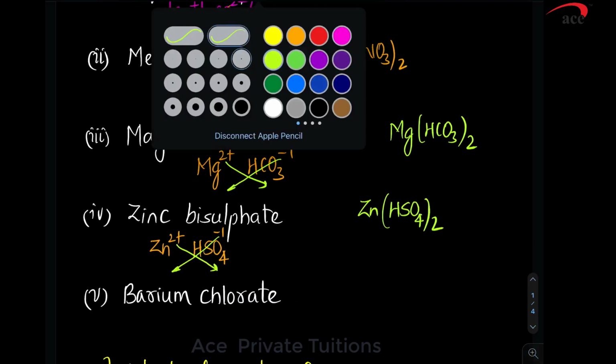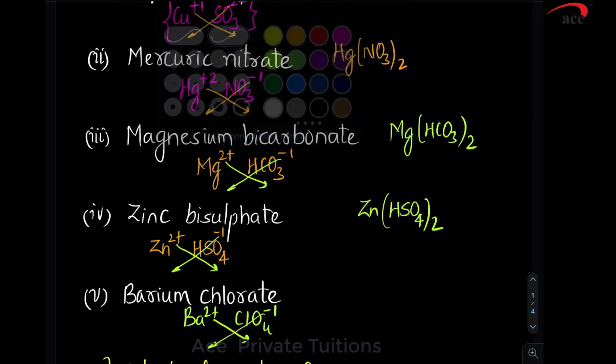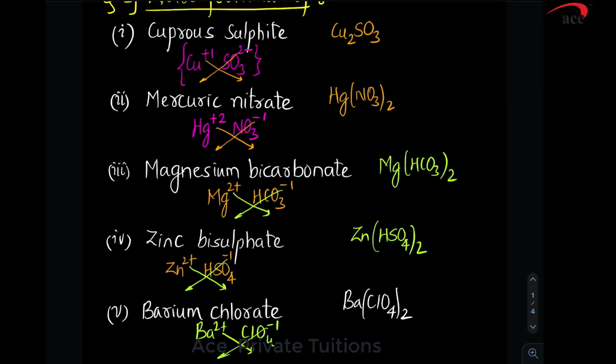Coming to the next one, barium chlorate. For barium chlorate, what can you do? Barium is 2 plus, chlorate is ClO4 minus 1, cross multiply. When you cross multiply, what is the formula that you will get? Yes, Ba(ClO4)2. Hope you would have got it correct.